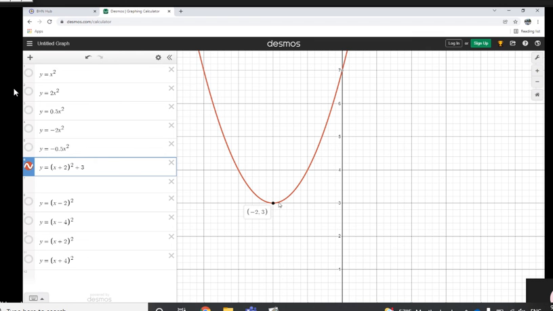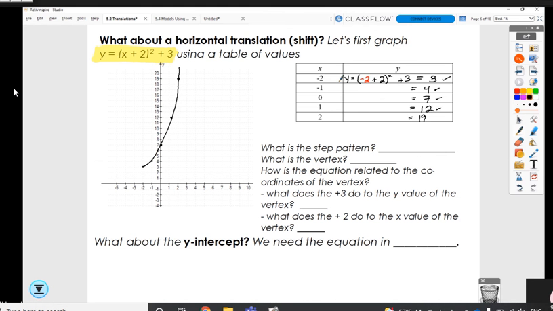So what's the step pattern here? Looks like we go over 1, up 1. Yeah? Over 1, up 1, 2, 3. So our step pattern is probably looking like 1, 3, 5. And we don't have this other half here, but we can kind of sketch that in here.